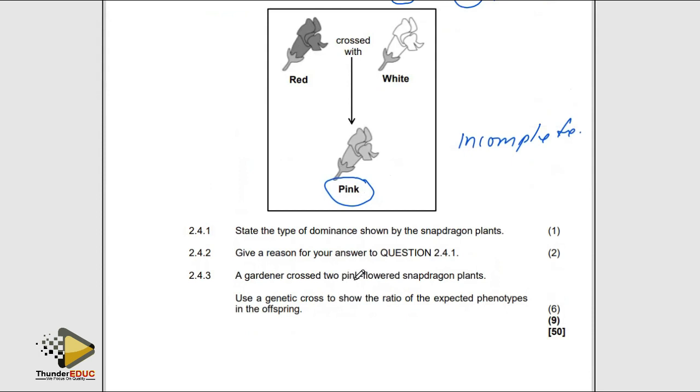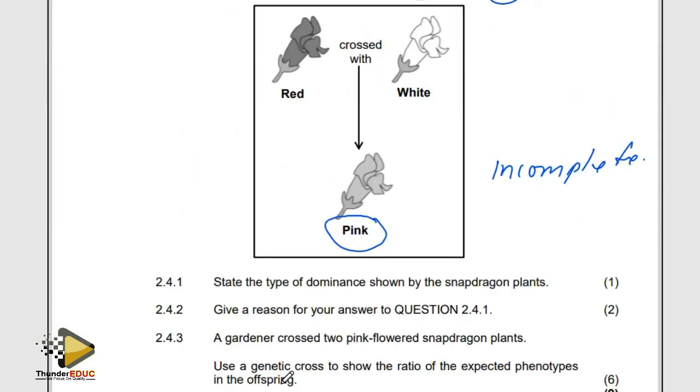A gardener crossed two pink flowers. Use the genetic cross to show the ratio that is expected when you cross two pink flowers. So if both alleles are dominant, this is going to be capital R, capital W. They produce one gamete from this side and one gamete from that side.